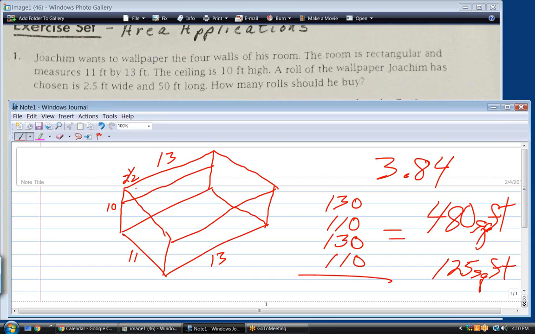And so what I basically do is take roll number 1 and string it around the entire top of the room. And that takes up 48 feet, the perimeter of the room, with just 2 feet of wallpaper left over. Well, that 2 feet ain't going to do you much good. You can't really use it to help things. So just buy 4 rolls and string them all around the room like that.